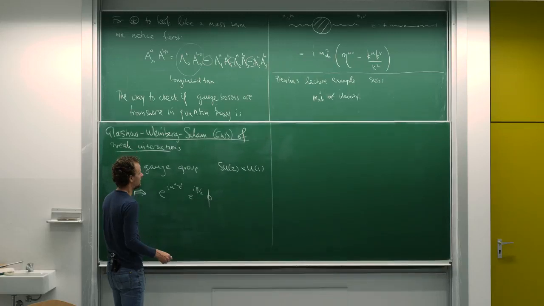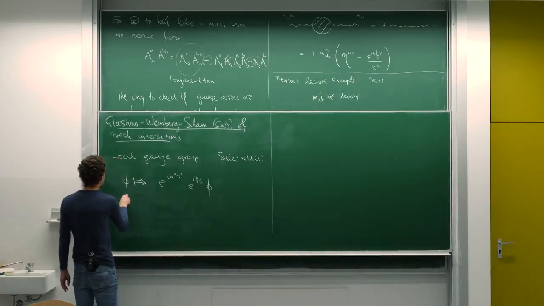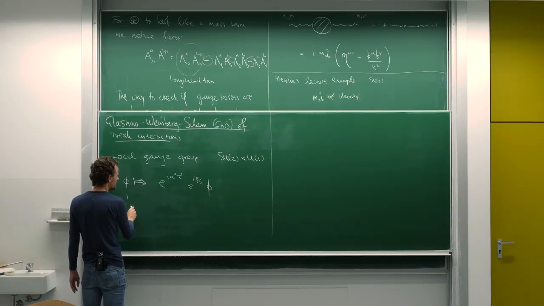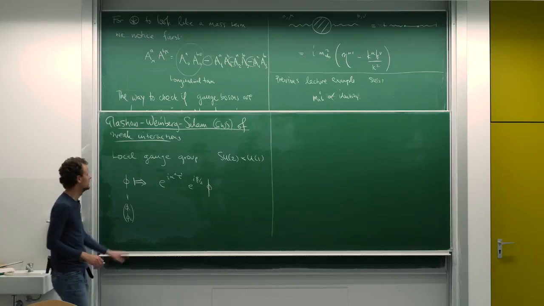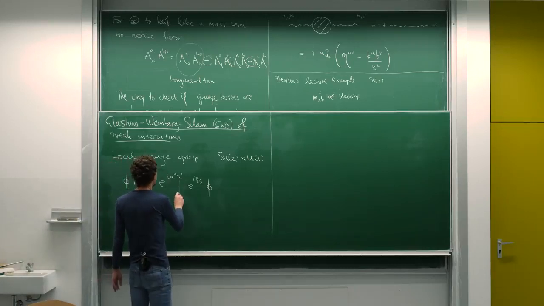So let me just clarify what this is. So phi is a doublet. And these are the Pauli matrices.